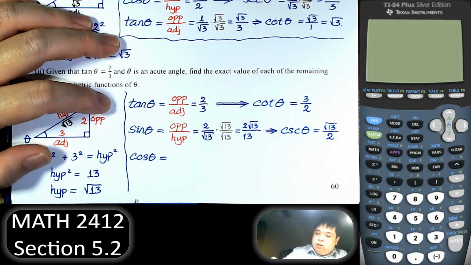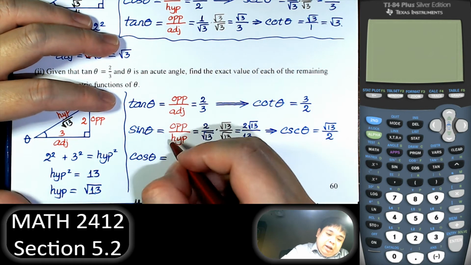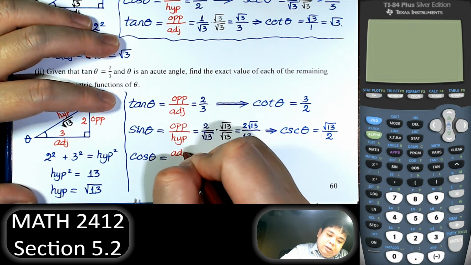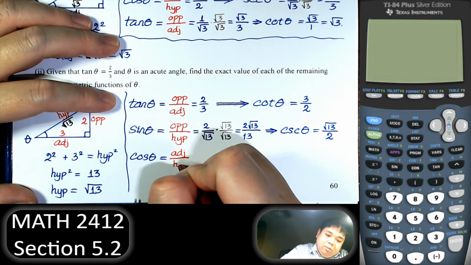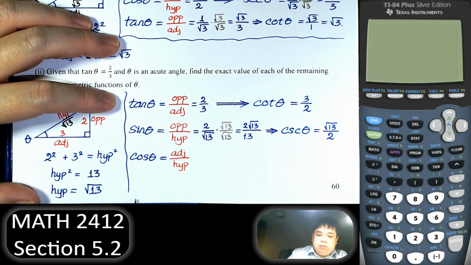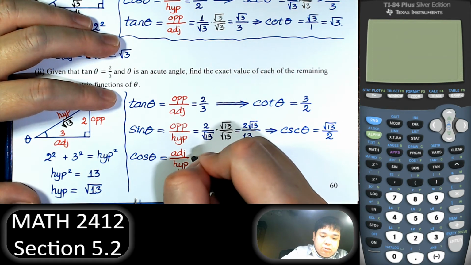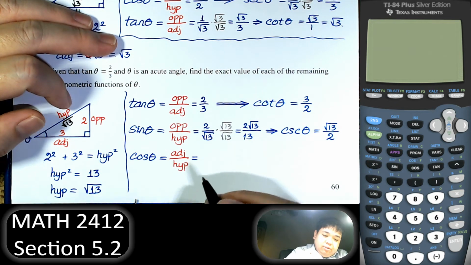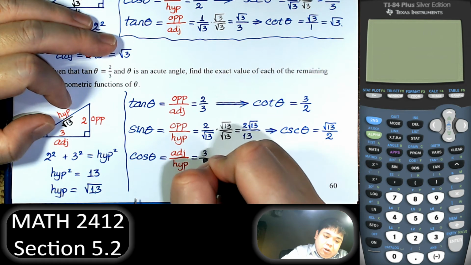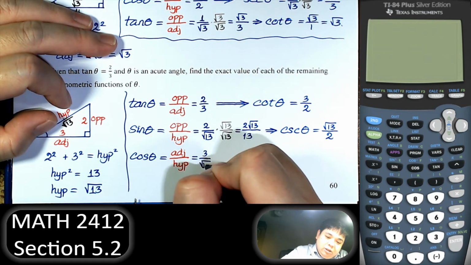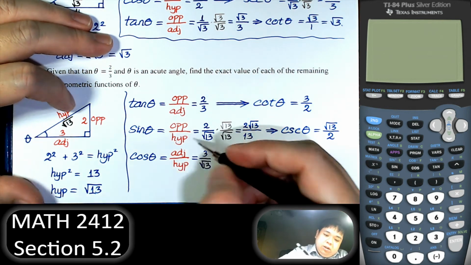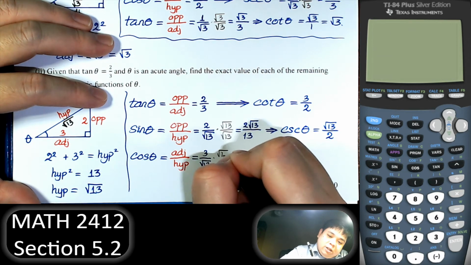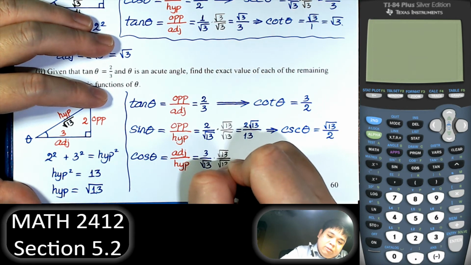Cosine is adjacent over hypotenuse. Adjacent over hypotenuse. So we multiply square root of 13 top and bottom.